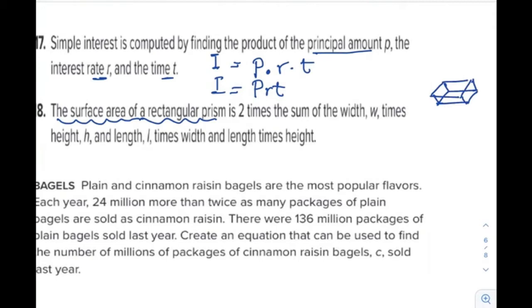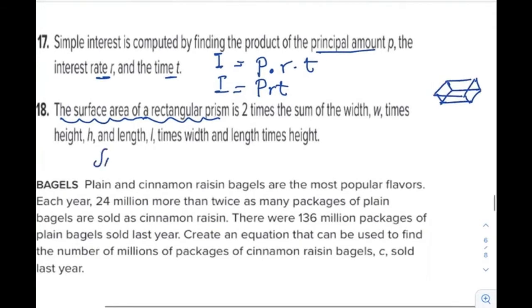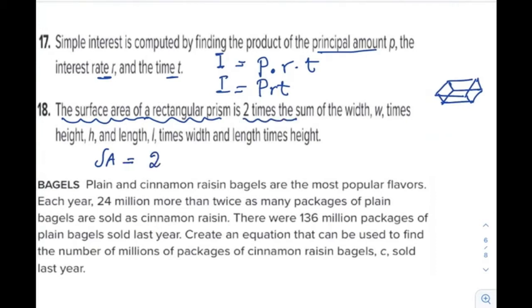The surface area, we can name it SA or S or area or whatever you like. It is twice, so 2 times the sum of, I open a bracket, the width times the height, so W times H. And what else is coming now?